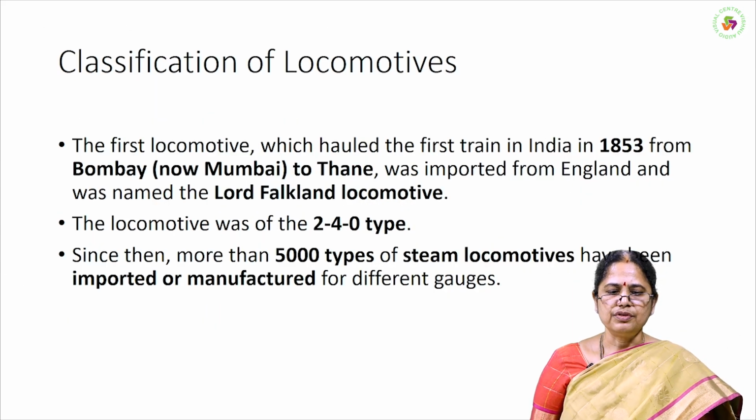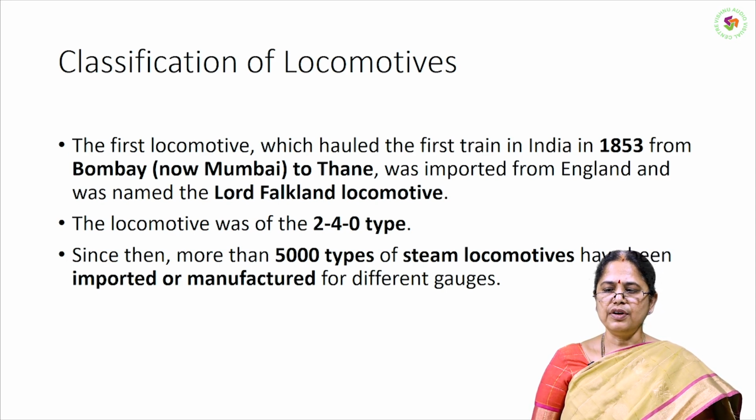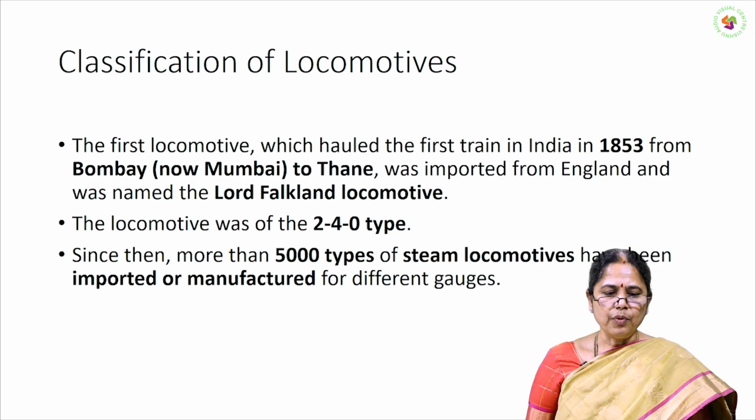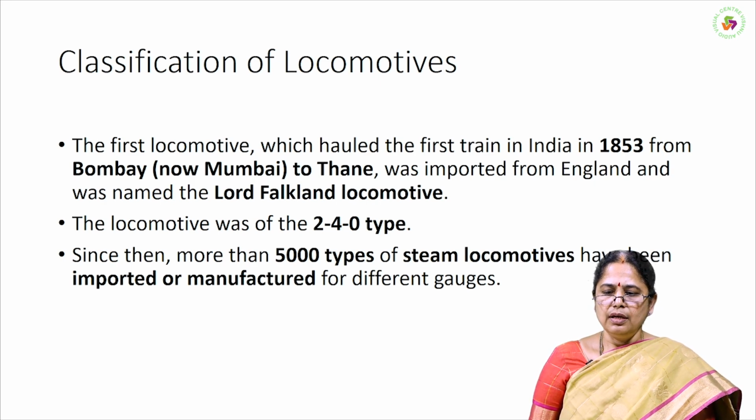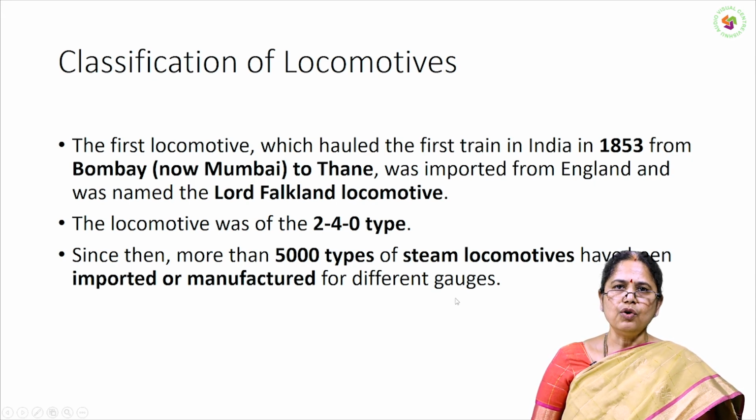Classification of locomotives. The first locomotive which hauled the first train in India in 1853 from Bombay to Thane was imported from England and it was named the Falkland locomotive. These locomotives are used to take the train forward, and they are nothing but the engines.